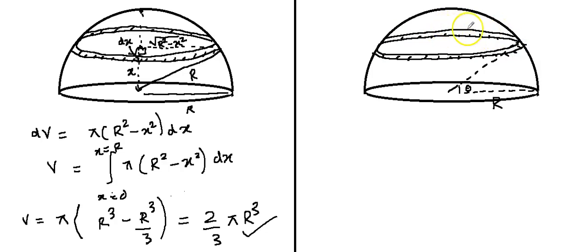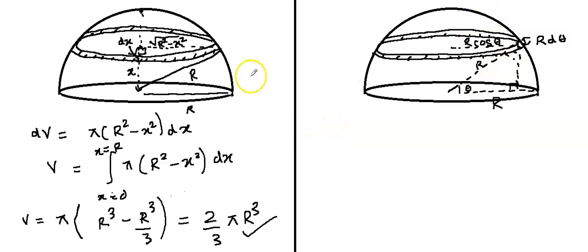What is the radius of this elemental disk? Once again, let's construct our triangle. This is a right angle triangle. This is r, so this has to be r cos theta. We also know that if this is r and this is theta, this tiny length over here will be r d theta, from the definition of a radian.